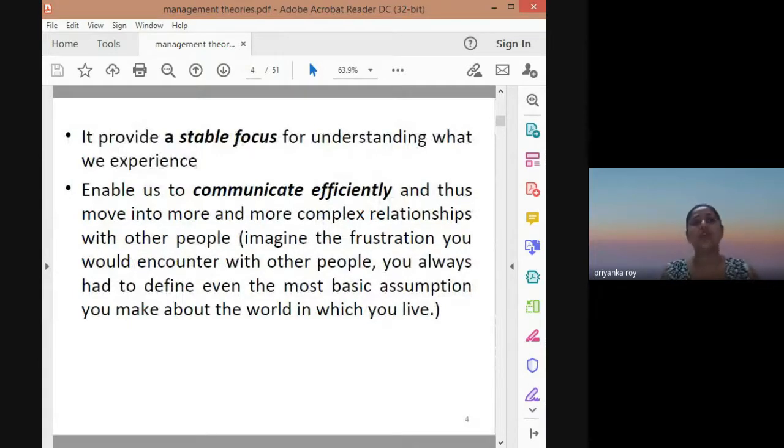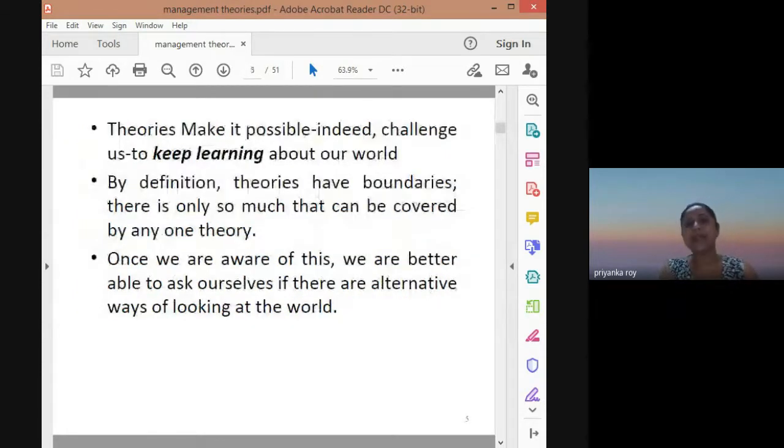They provide a stable focus for understanding what we experience, enable us to communicate efficiently, and thus move into more and more complex relationships with other people in our work domain. Imagine the frustration you would encounter with other people. You would always have to define even the most basic assumptions you make about the world in which you live. So theories make it possible indeed.